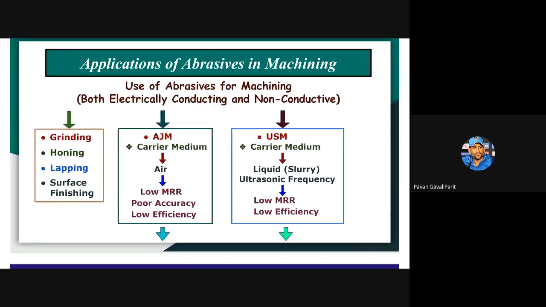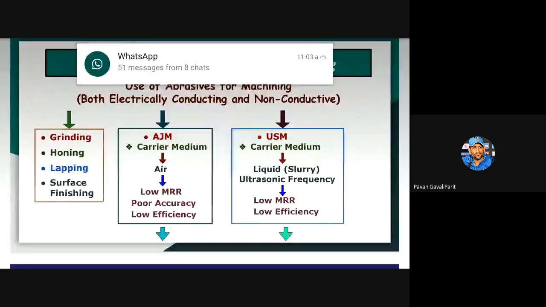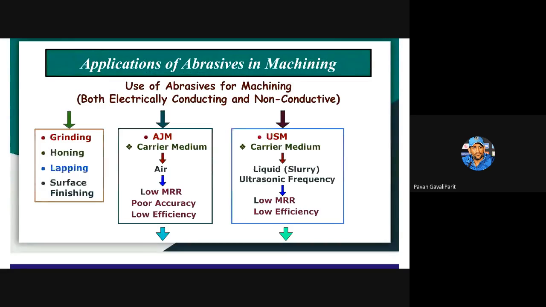That tool vibrates longitudinally with ultrasonic frequency. But for ultrasonic machining also we get low MRR, material removal rate, as compared to other advanced machining processes, as well as low efficiency.